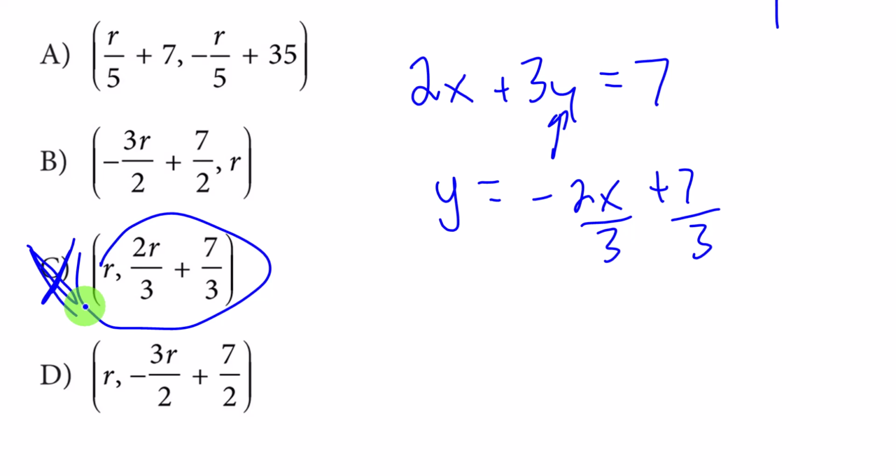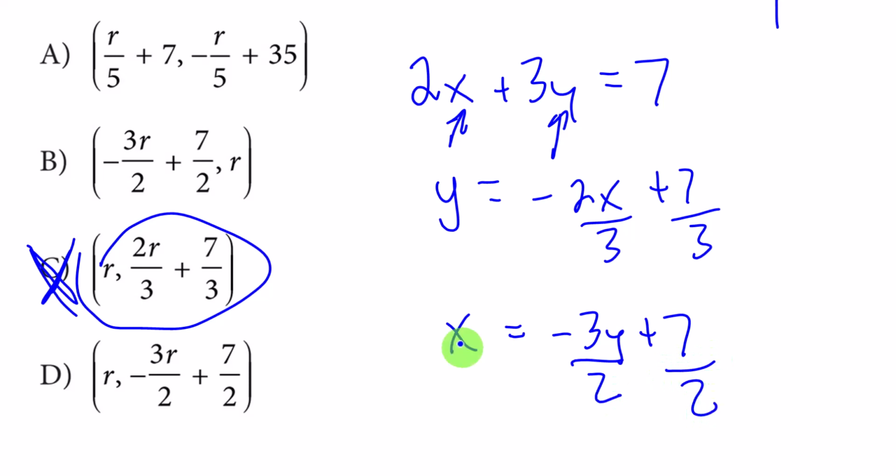So what we're going to look at is the x value instead. So instead, we're going to solve for the x value, and we're going to have x equals negative 3y plus 7, divide both sides by 2, and you get x equals negative 3y over 2 plus 7 halves. What this means is whatever you have in for the y value, you're going to use that equation to calculate out the x value.